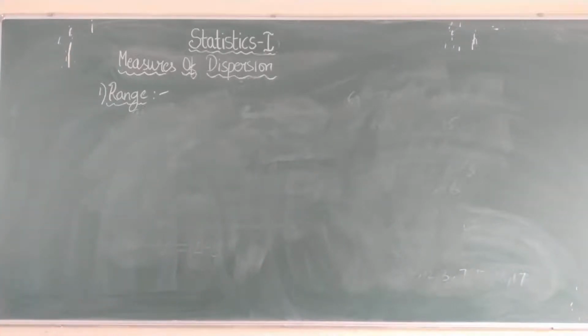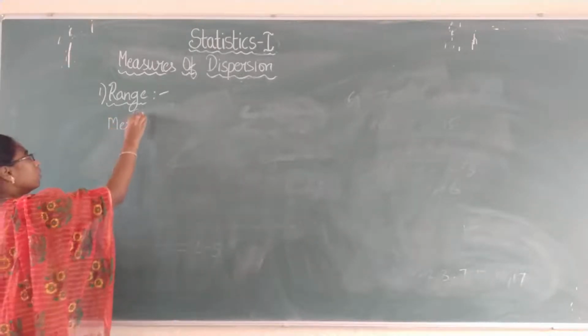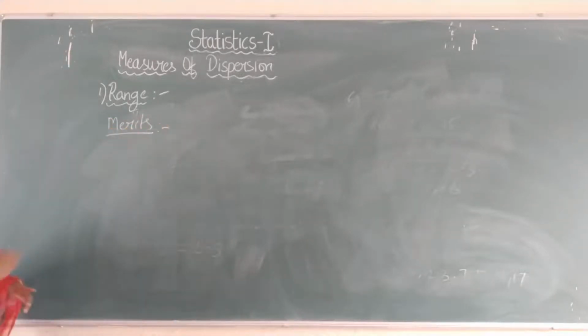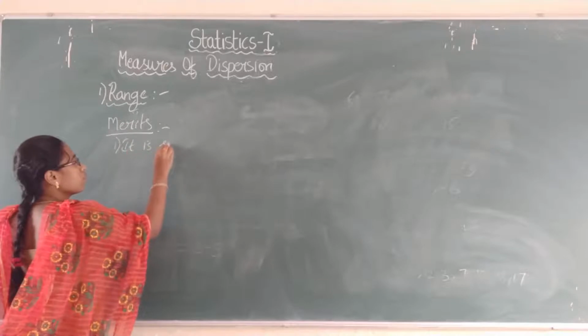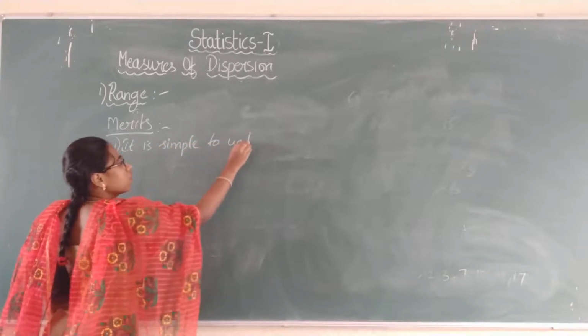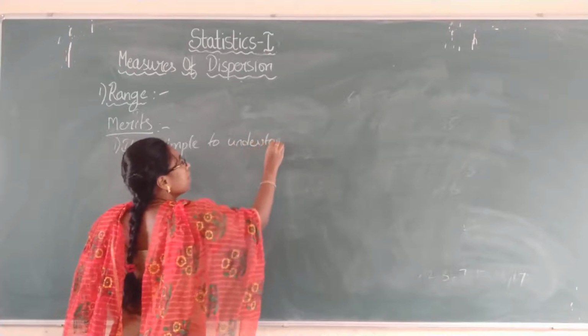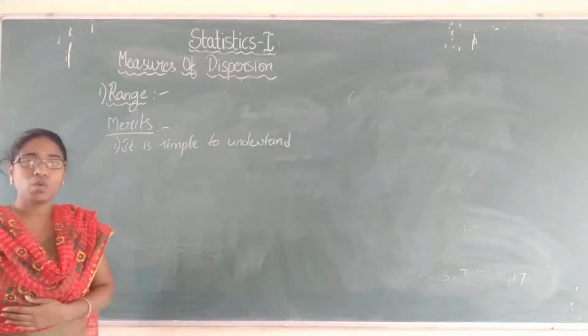So coming to the merits. The first merit is, it is very simple to understand. There is nothing in this range, just the difference between the largest value and the smallest value.